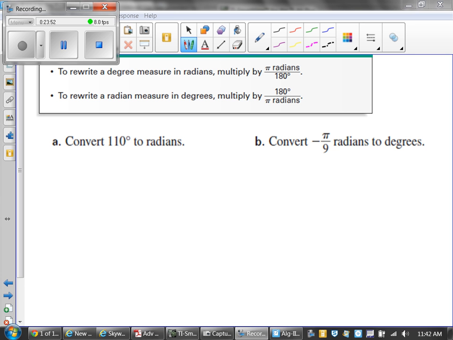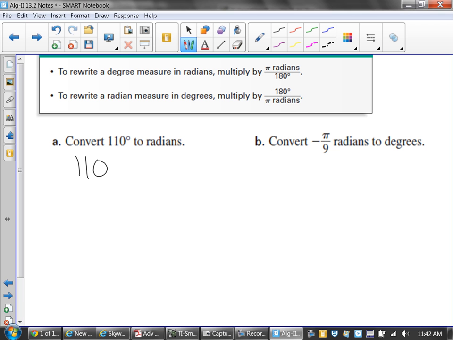Remember, 110 times pi over 180. What you're doing here is simplifying a fraction. You're just simplifying a fraction.